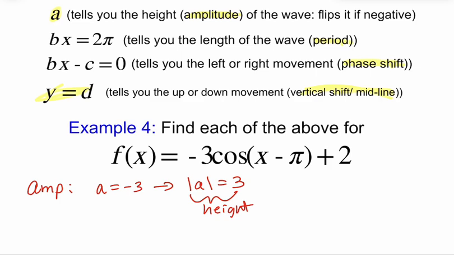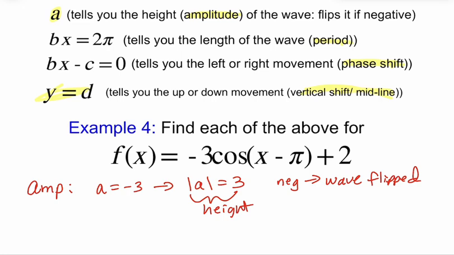The actual negative part, the fact that it's negative, means that our wave is flipped. So if it's negative, it does 2 things. It changes the height of our wave and it flips the wave. So our cosine wave wouldn't start at the top and then go down. It would start at the bottom and come up, okay?